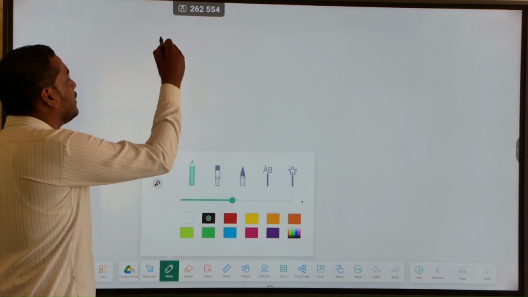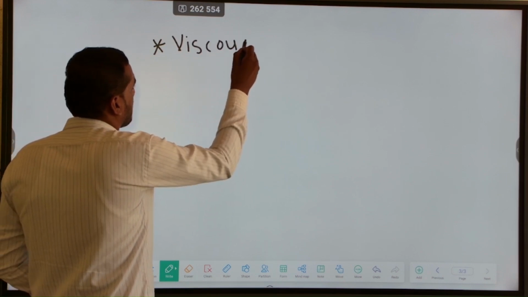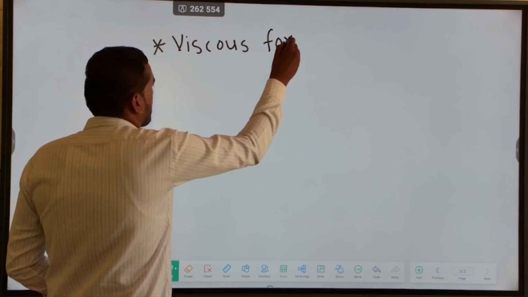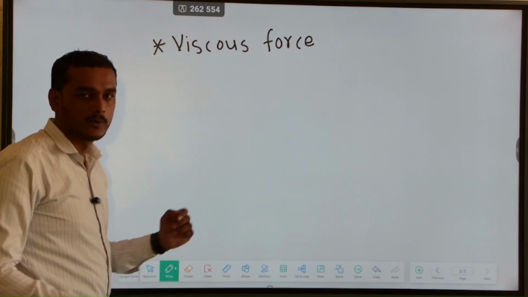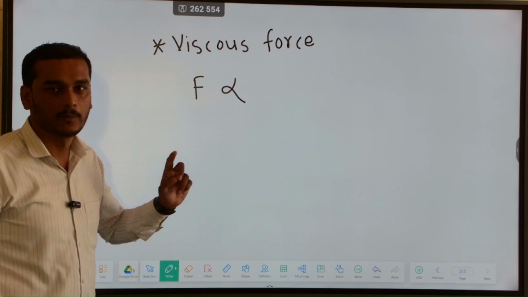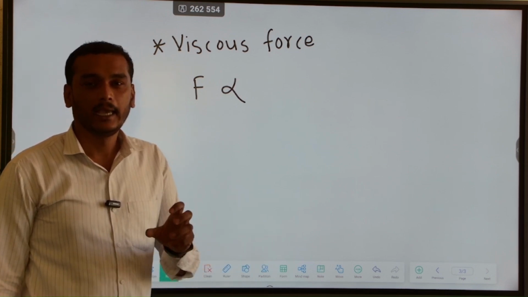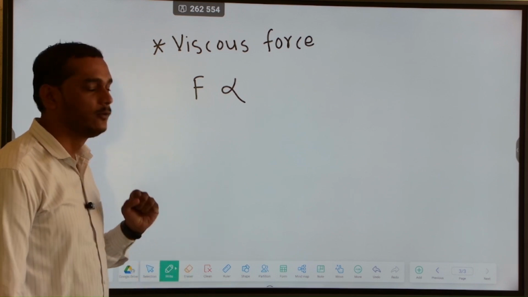So we will start with viscous force. Let viscous force be denoted by F. Then viscous force is directly proportional to the velocity gradient and the area of flow of fluid.